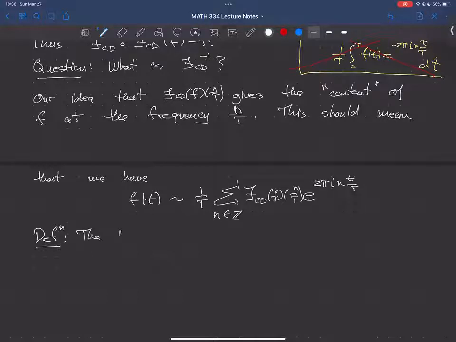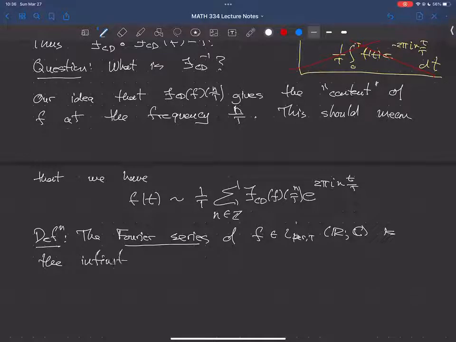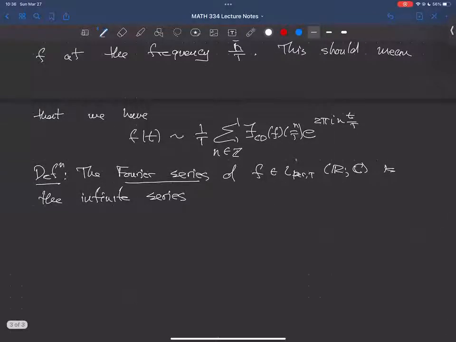The Fourier series of f in L1 per T is the infinite series, and I'll write it like this. And I'll write it as if it means something, but it doesn't.